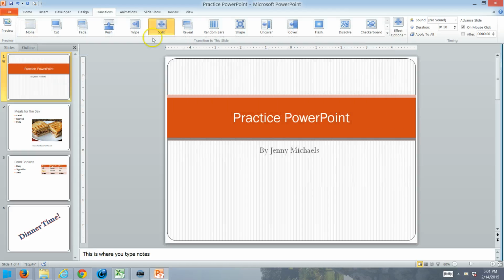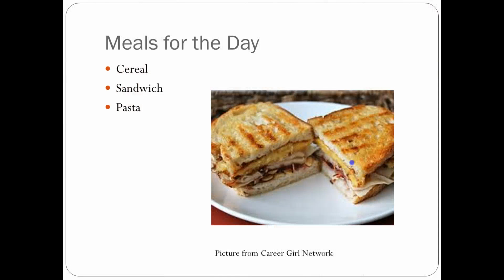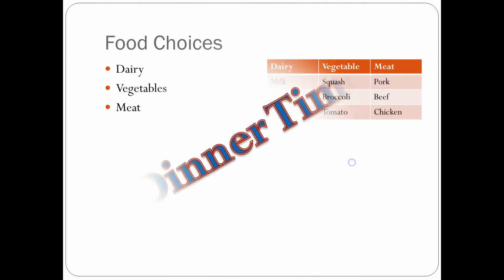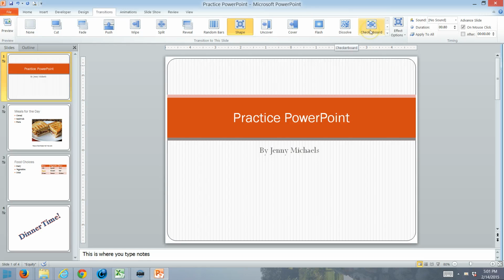It'll preview it for me. And when I run my slide there, let me go ahead and add that to all of them. We'll do that one. Okay, and then when I run my presentation, you can see there's, let's say, a movement. Do you have to have that? No, but it's a nice thing to know how to do.